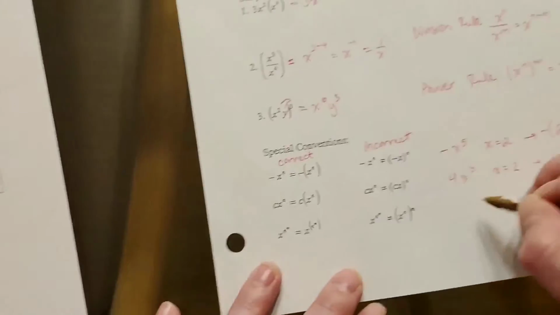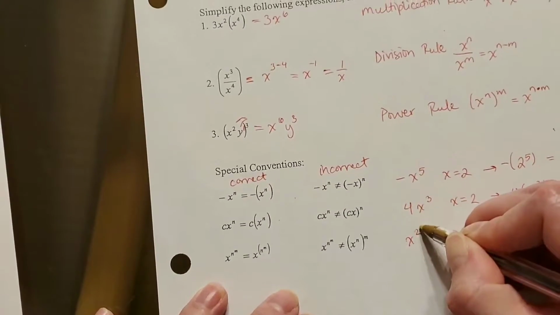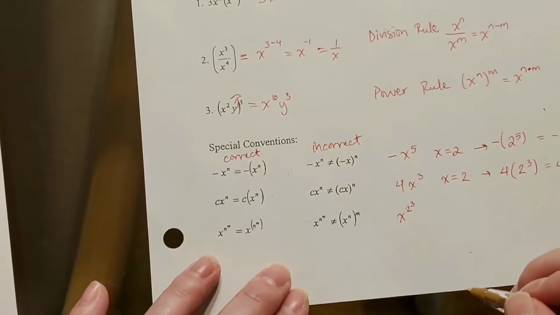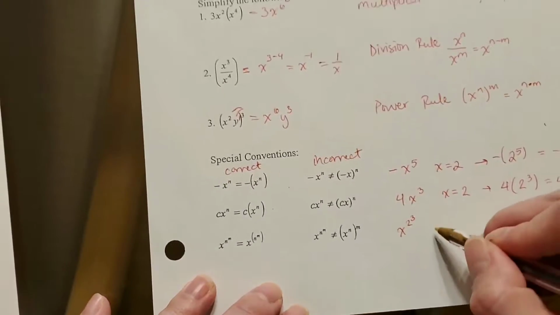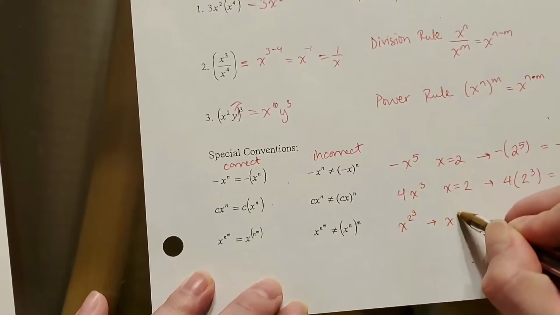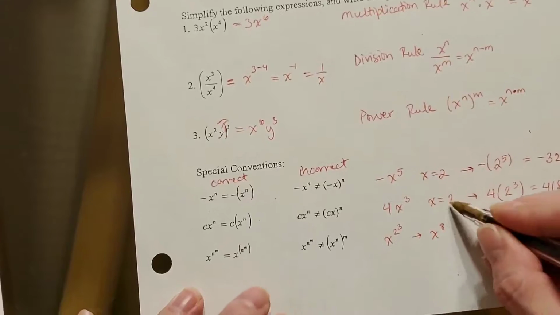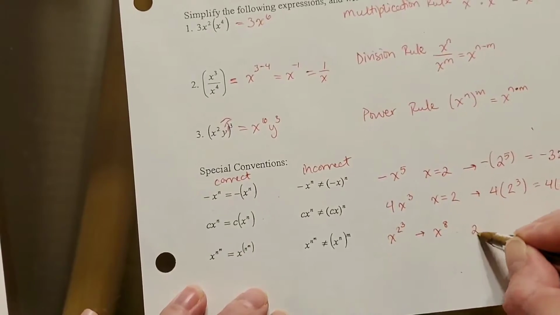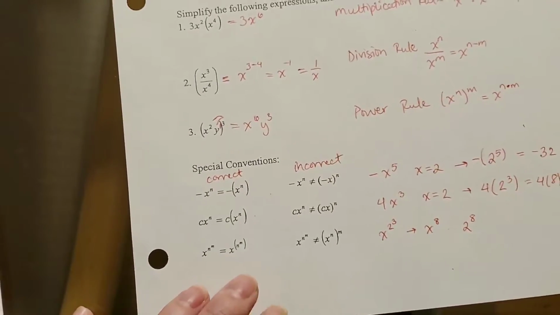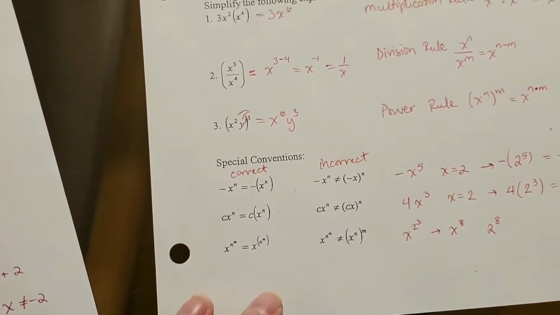So, for example, if I had x to the 2 cubed, because apparently I like 2s and 3s right now, we would first do 2 cubed. 2 cubed is going to be 8, so we would write that as x to the 8th, and then if we wanted to substitute 2 in, then we would put 2 to the 8th power, and we could figure out what that is. Okay? All right.